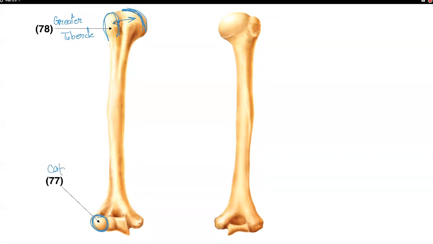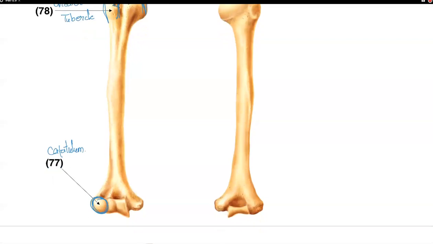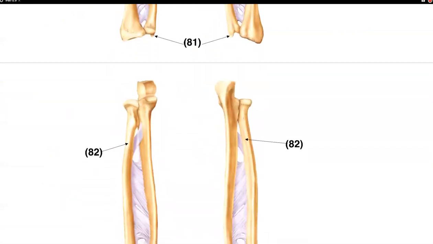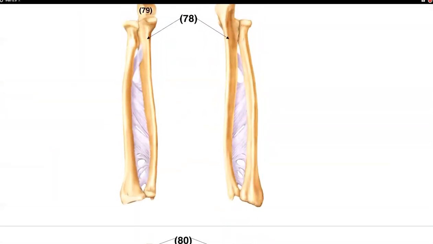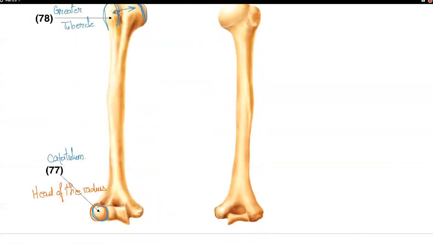This is my capitulum. And the capitulum was articulating with the head of the radius. You see on here, the head of the radius is what articulates with the capitulum of the humerus.